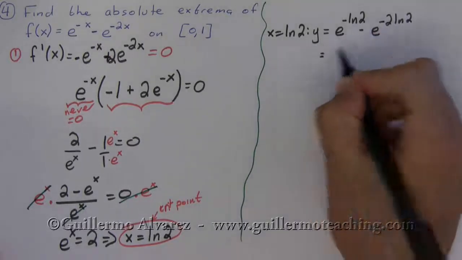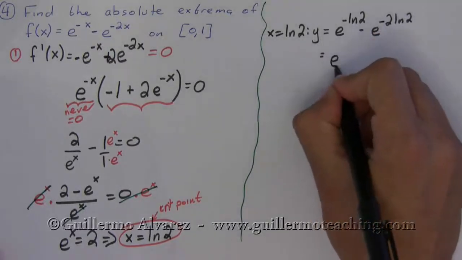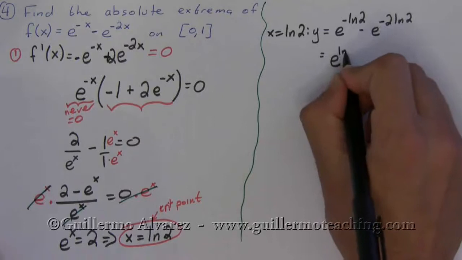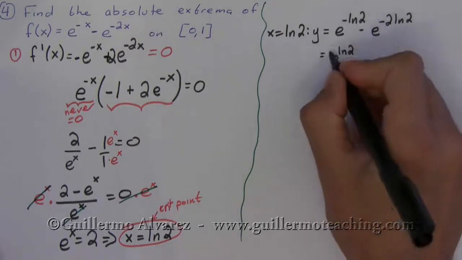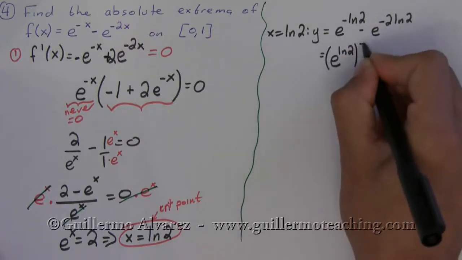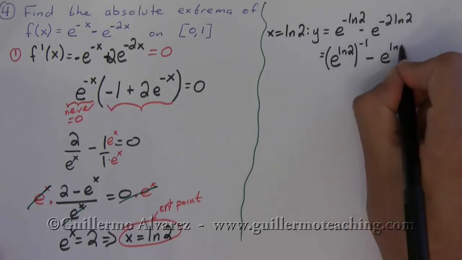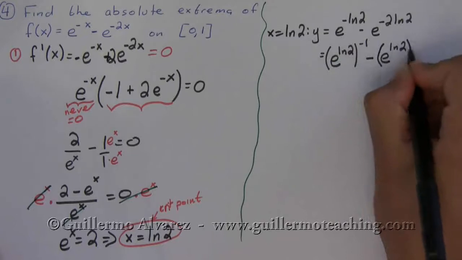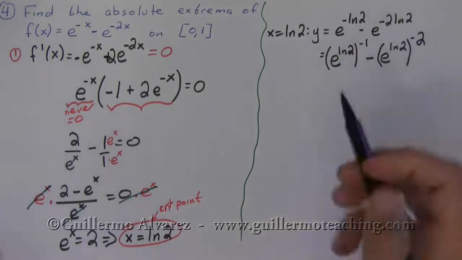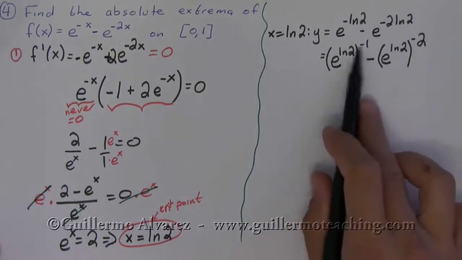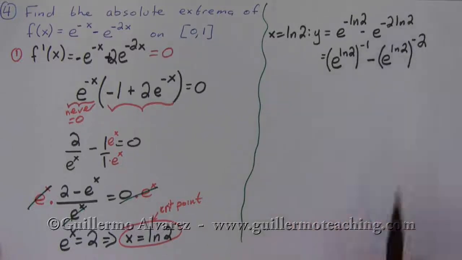Okay, so this looks very complicated, but let me rewrite this using the laws of exponents. I can write this as e to the natural log of 2 all raised to the -1 minus e to the natural log of 2 all raised to the -2. Because remember, when you raise a power to a power, you multiply, and so that's just using that property backwards.